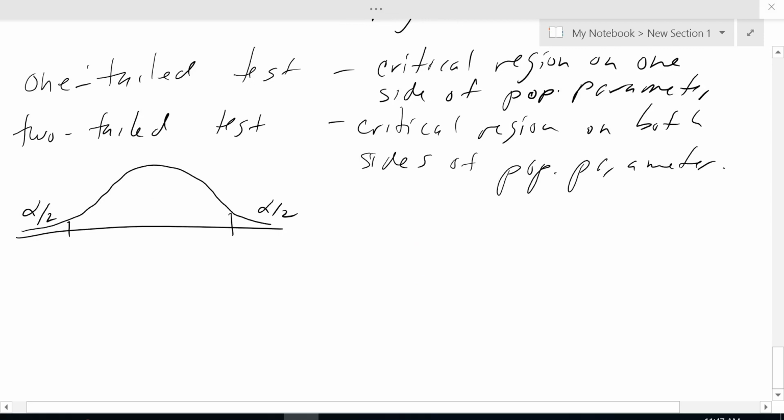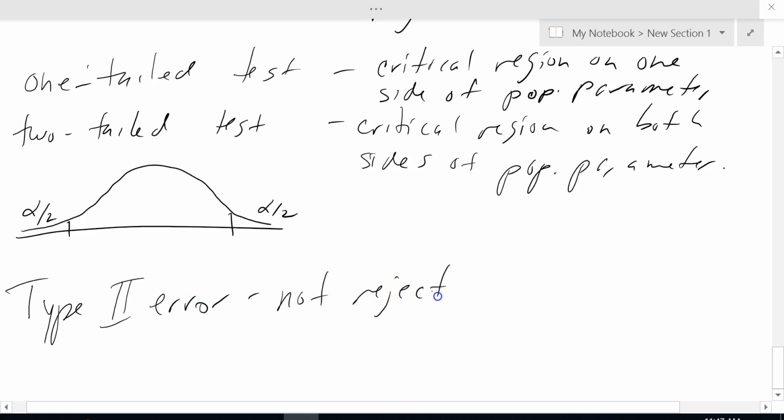All right. So alpha is tied to the chances that you make a type 1 error. Okay. There's another type of error that you could make. That's referred to as a type 2 error. This is not rejecting H naught when you should.